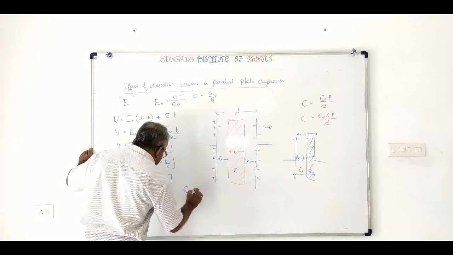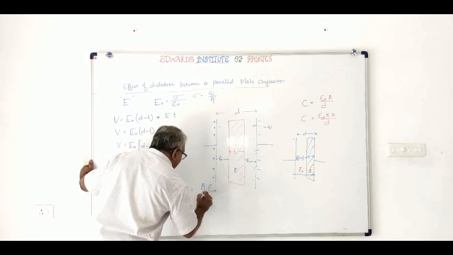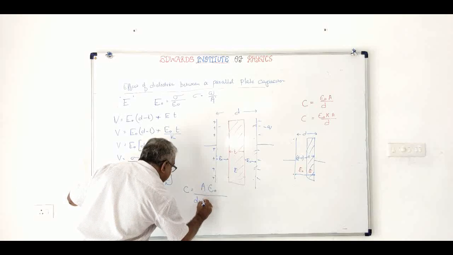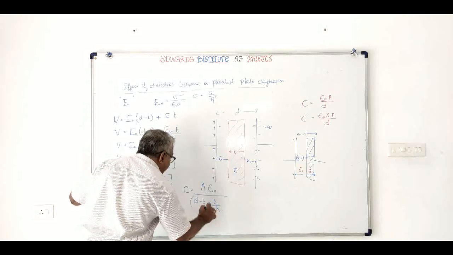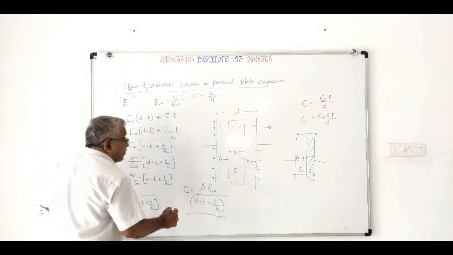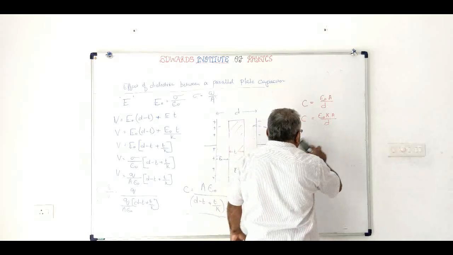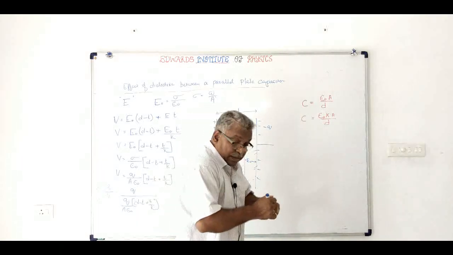So C will be equal to A epsilon 0 by D minus T plus T by K. This is the capacitance if you introduce a dielectric of thickness T in between them.